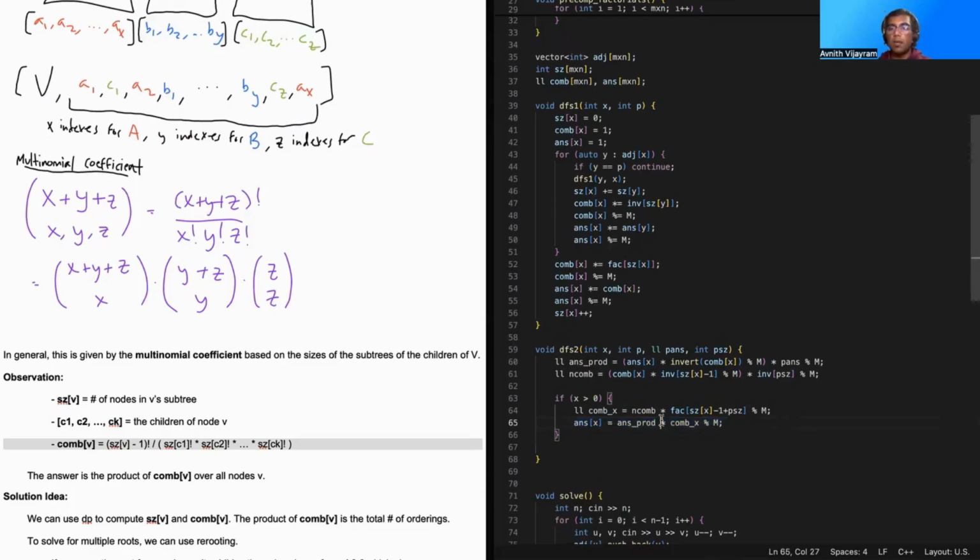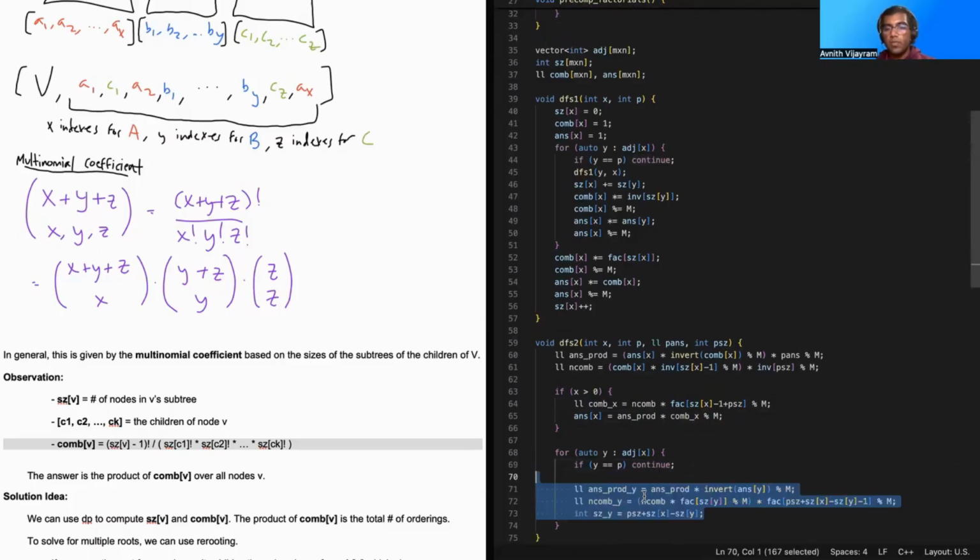And then now we have to push this down to all the children. So we'll loop through all the children which are not P. And essentially we need to compute the answers of P ans and P size for the children, right? And we can do this by first removing from the answer all the multinomial coefficients in the subtree of Y. And we'll also remove this from the combination. So we'll essentially remove that subtree since it's no longer going to be a subtree of one of our children, right?